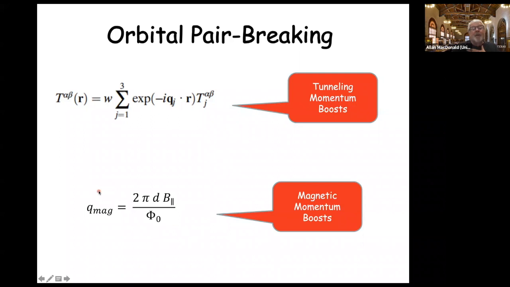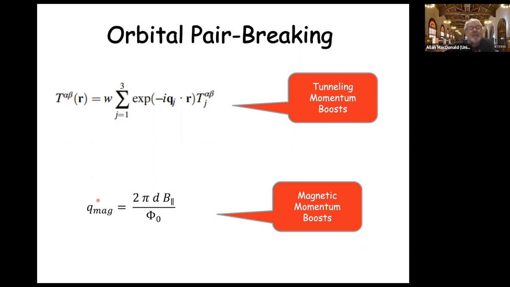And so what happens when you add a magnetic field? This is something we're very used to in these 2D systems: if you put an in-plane magnetic field, it shifts the momentum space of one layer relative to the other. That shift in momentum space just keeps track of the Aharonov-Bohm phases that you pick up if you go around a loop that tunnels between the 2 layers at one point and tunnels back at some other point.